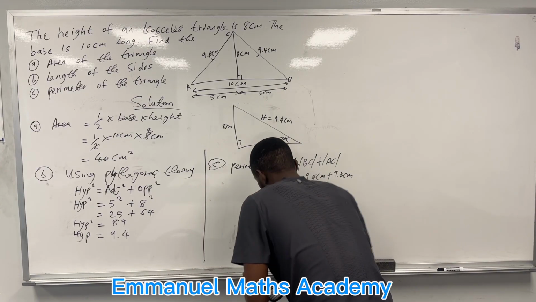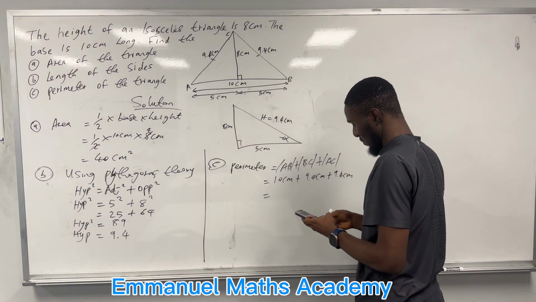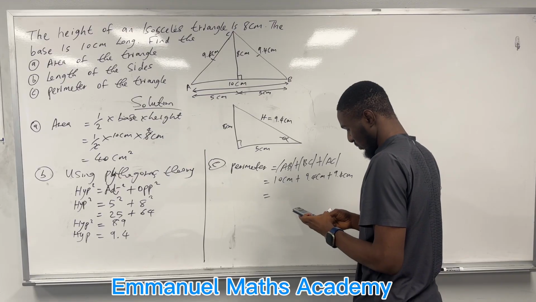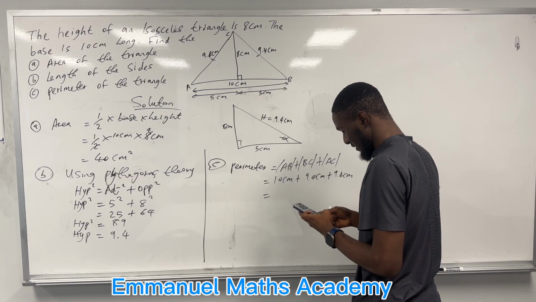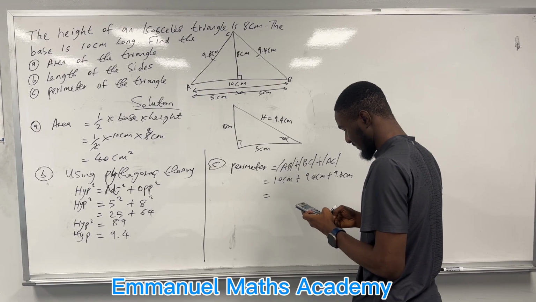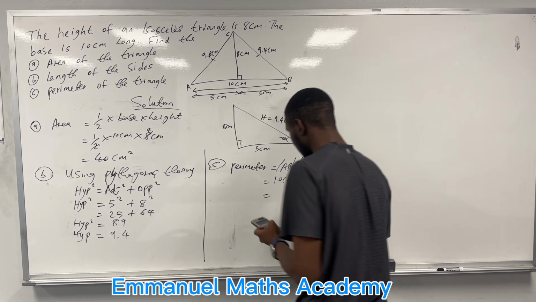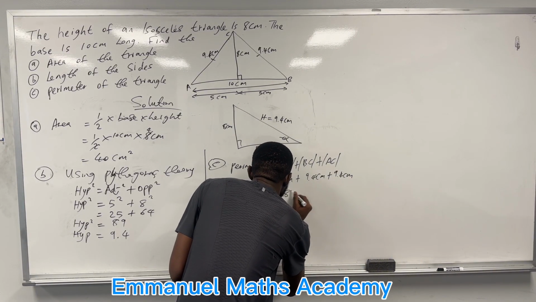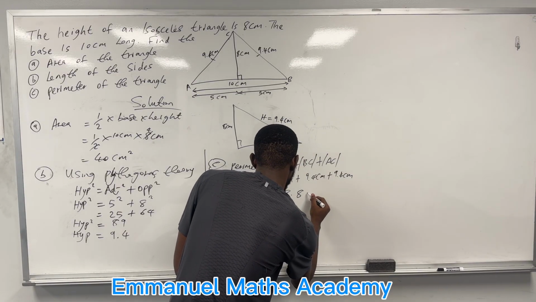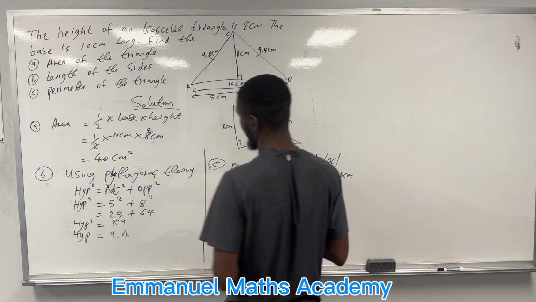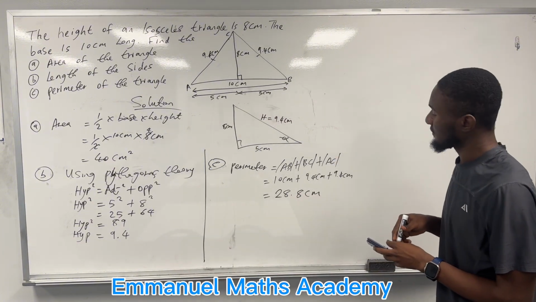So we add everything together. Alright, so 10 plus 9.4 plus 9.4 will give you 28.8. 28.8 what? cm. Right?